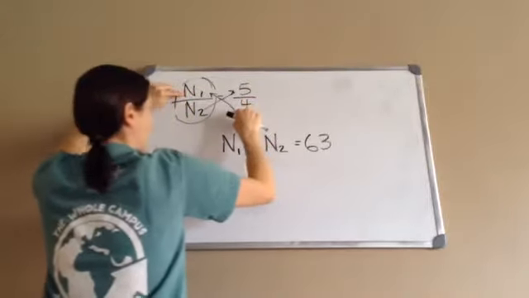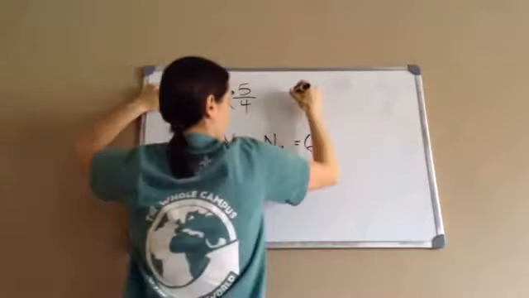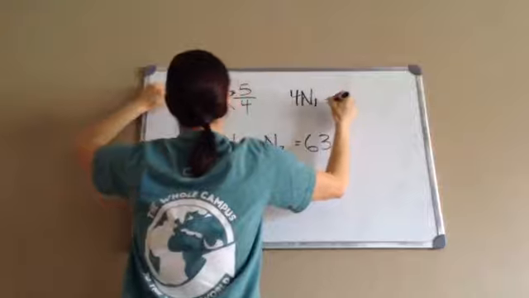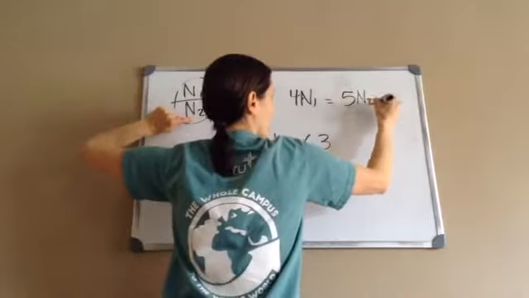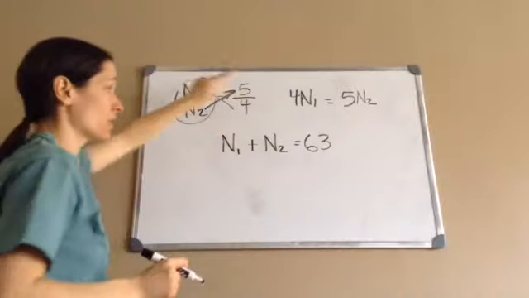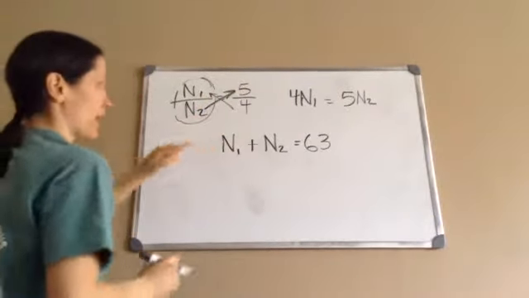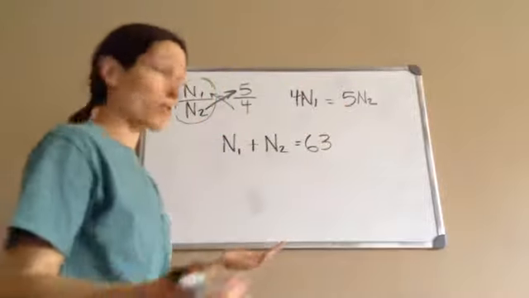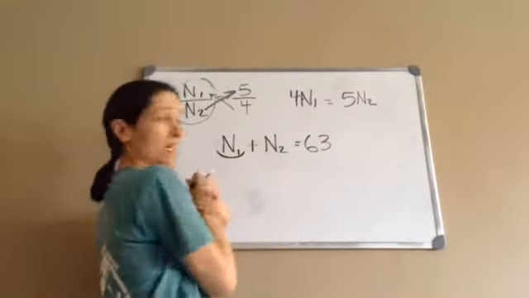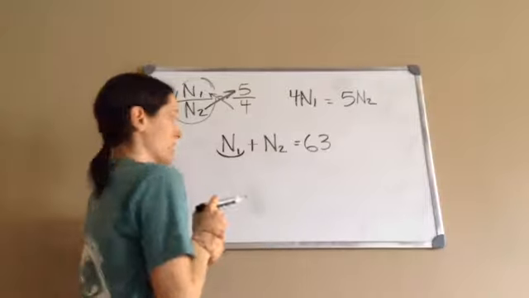Okay, so now I say 4 times N1 equals 5 times N2. That's one equation. Now, because these equations look so different, what I would recommend doing is, what is N1 then? Come up with a substitution.